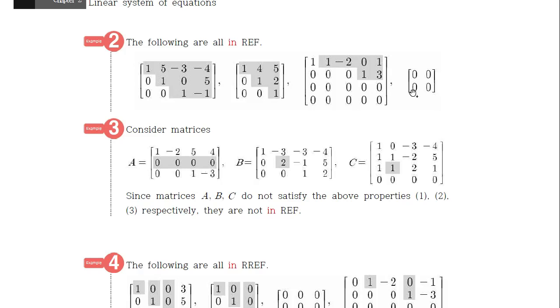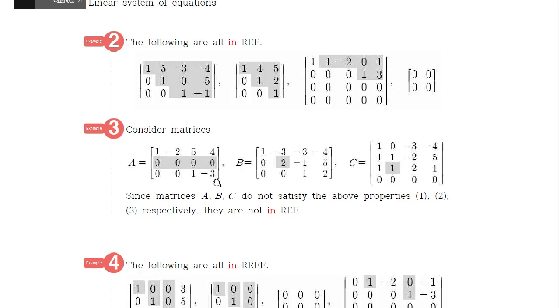Staircase is like this. So it satisfies three properties. All the zero rows are on the bottom, and if there are non-zero entries, they should be 1, but there's nothing, so it's okay. Third, it's in the staircase because there are no non-zeros. So all of these satisfy the three properties, so these are all in row echelon form.